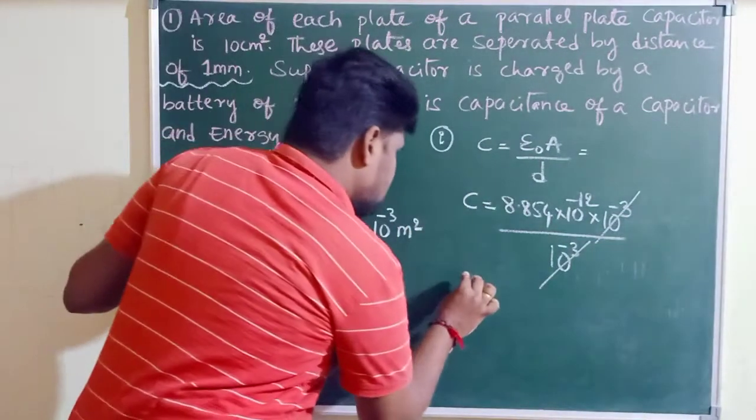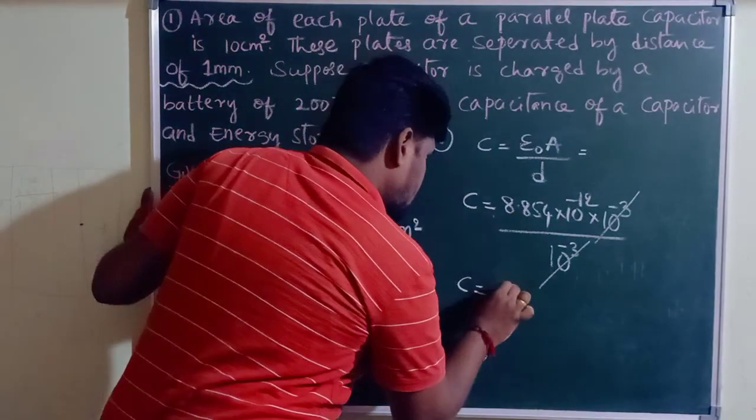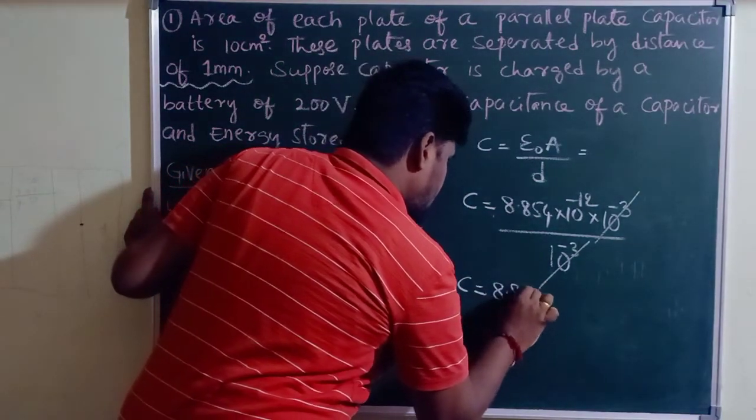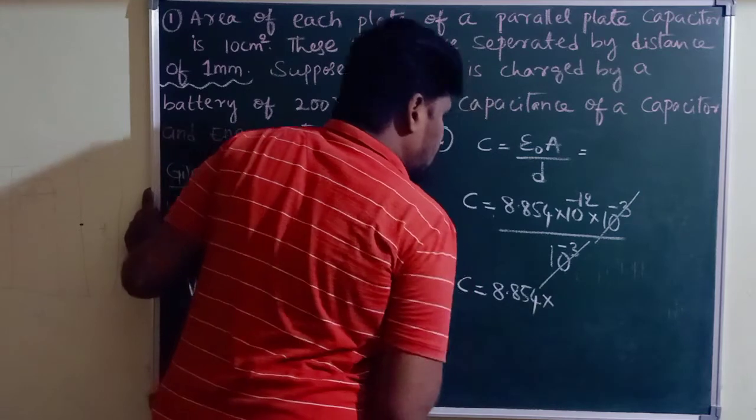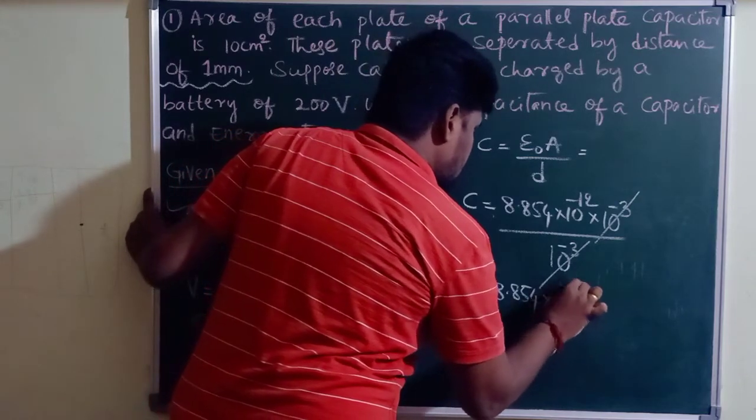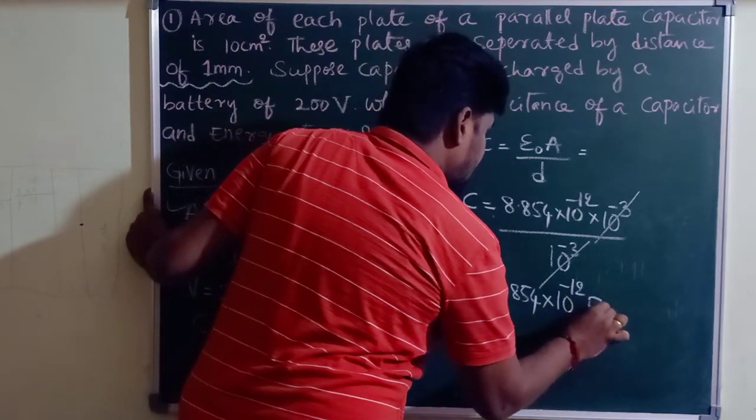I am left with C equal to 8.854 into 10 power minus 12 farad.